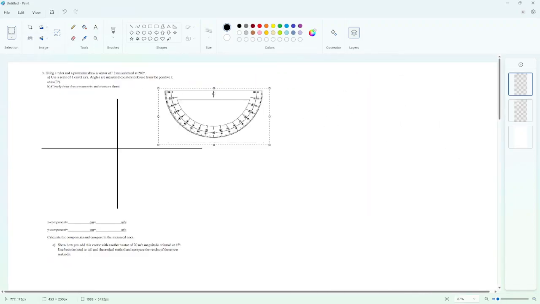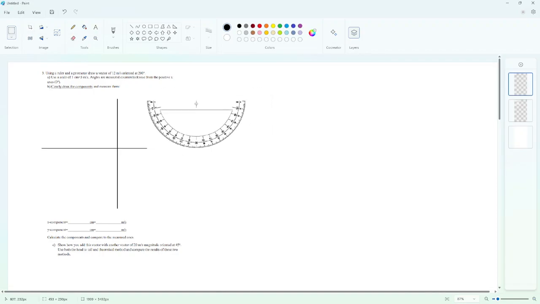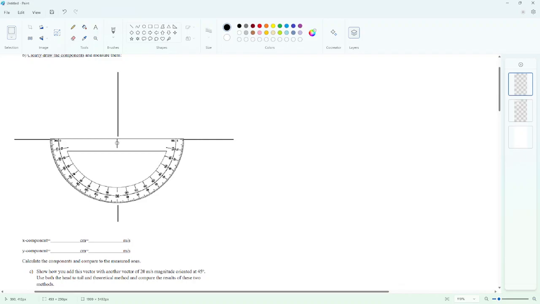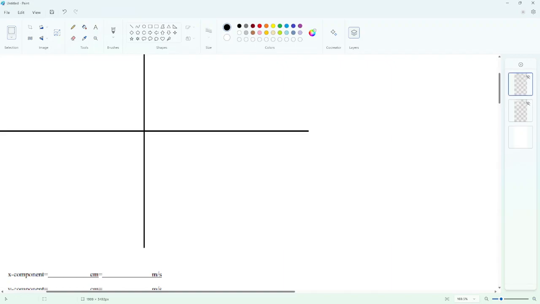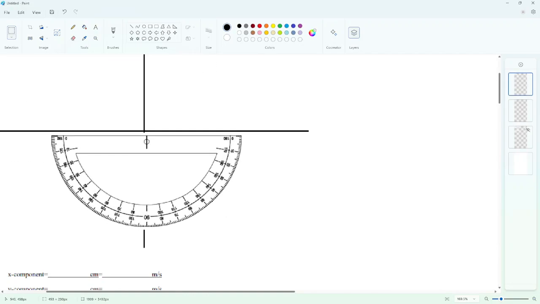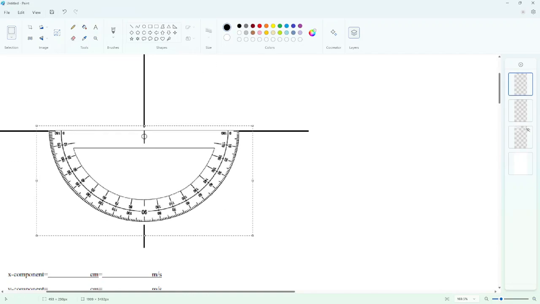If I rotate this 180 and put this down here, I can see that I just need 20 degrees on top of the 180 to get 200. Okay, and we can see that the angle is going to be going through right here. Let me paste this in a different layer. Okay, right there. So the angle is going to be going through right about there.